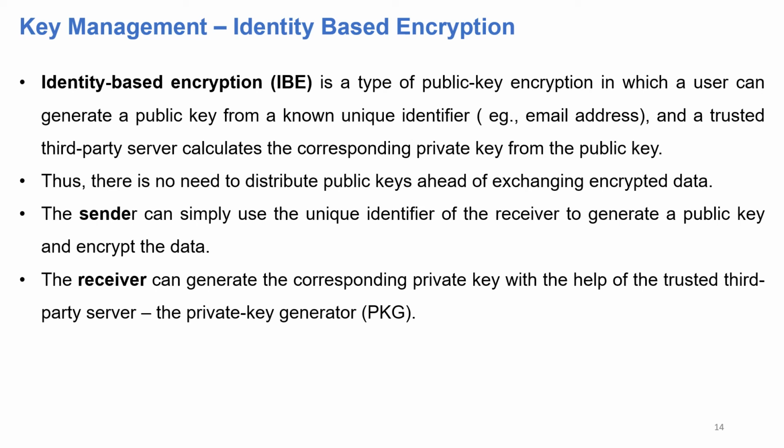So the sender can simply use this unique identifier that he has from the receiver to generate a public key and encrypt the data. The receiver then generates the corresponding private key with the help of a trusted third-party server. This server is known as the private key generator, or in short the PKG.